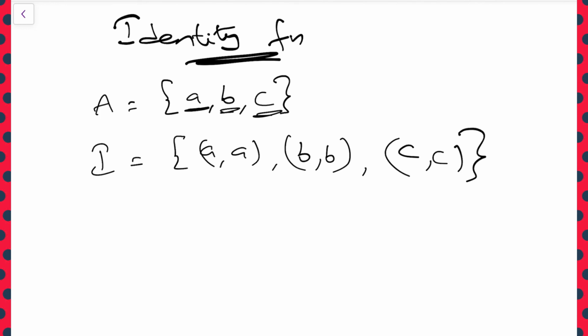Let A be a non-empty set, then the function f from A to A defined by f of x is equal to x for all x belonging to A is called the identity function. So simply, in the identity function, the function will be defined as (a, a), or something like (x, x), where this x belongs to set A only, and again this x also belongs to set A only.